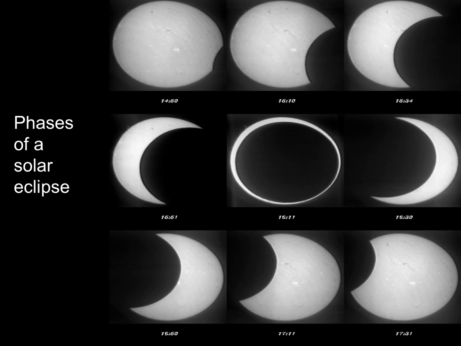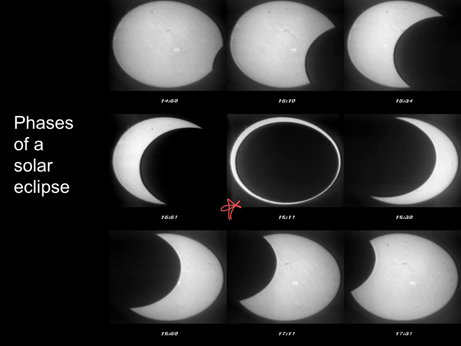This image shows you several photos from the same eclipse, illustrating how the sun's visible portion changes as the moon moves in front. In the center picture, you see what is called an annular eclipse. This occurs when the moon is at apogee, when it's farther away from the Earth, and it doesn't completely block the entire disk of the sun.